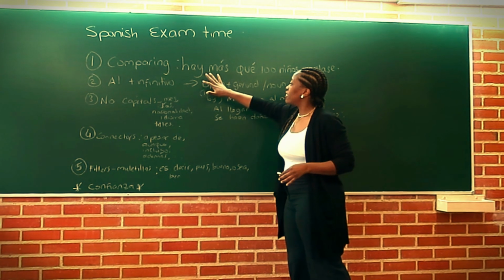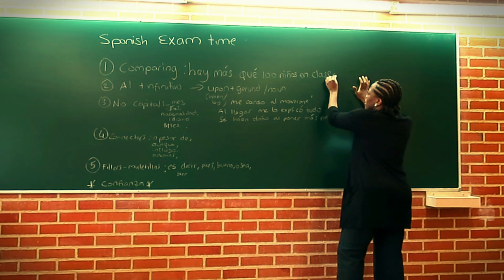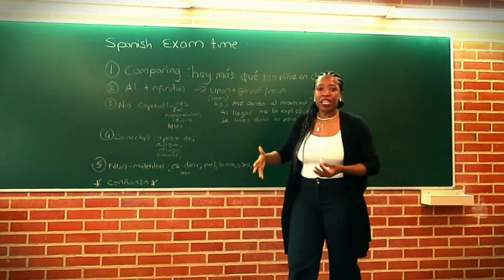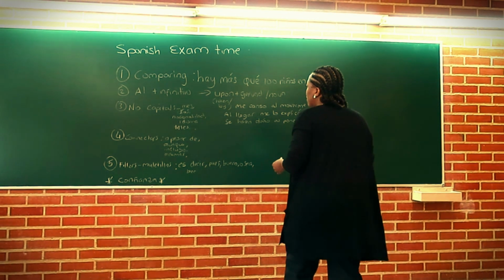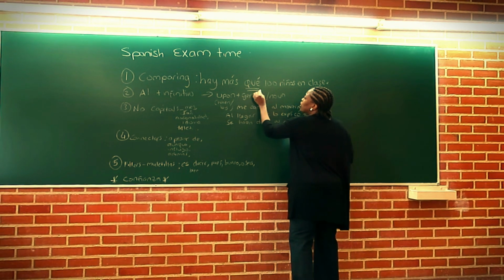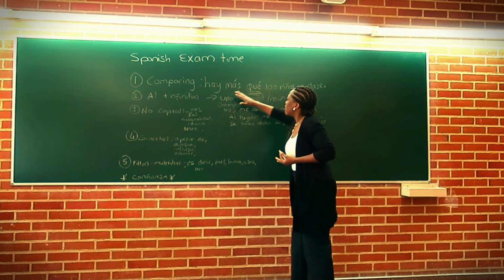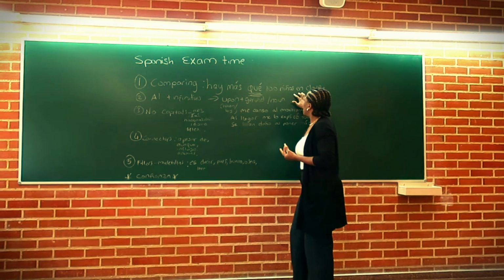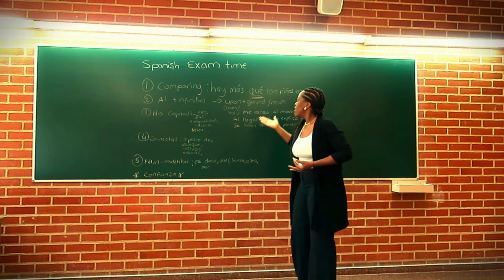I saw this sentence: Hay más que 100 niños en clase. To an English person that sounds completely acceptable, except we would change the que, which normally means than. There are more than 100 children in class. It makes perfect sense to you and I.